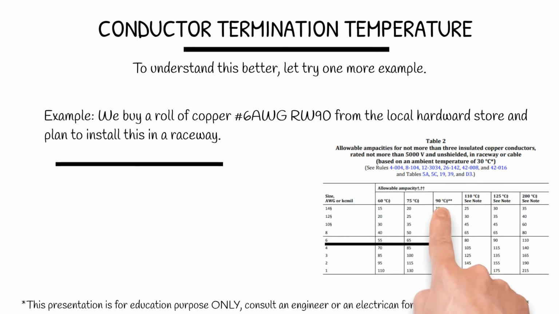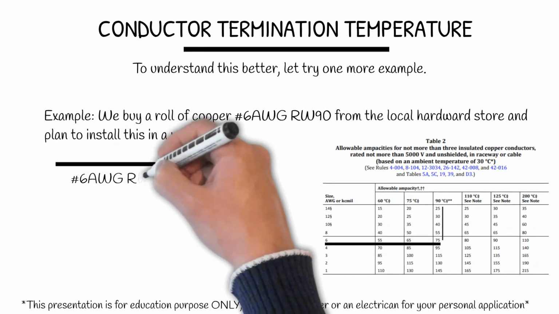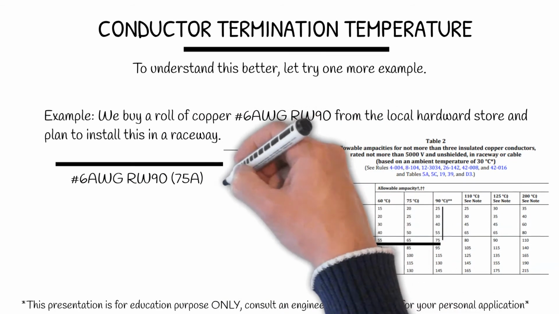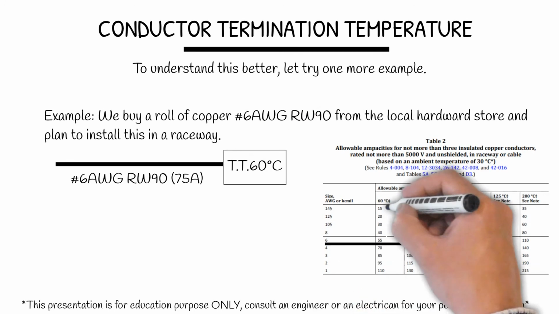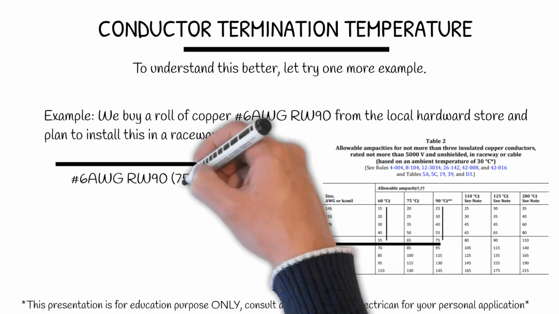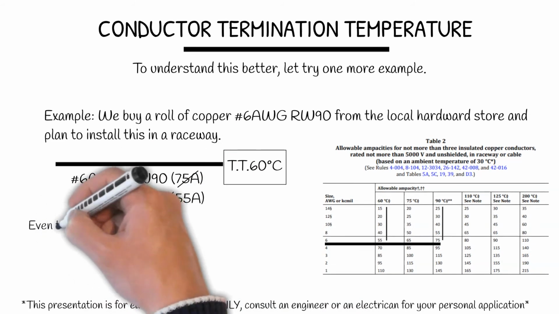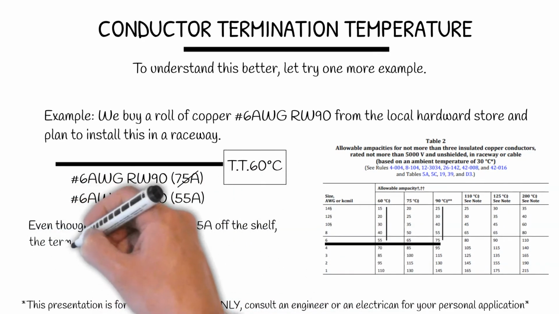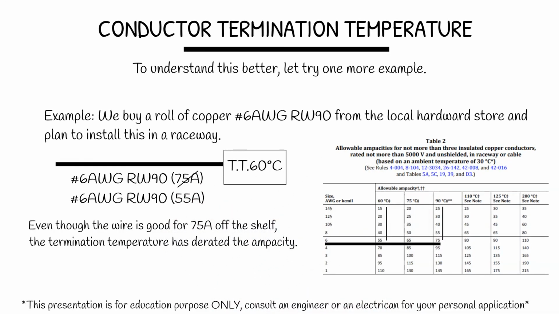A number 6 RW90 90 degrees column is good for 75 amps. But let's say we terminate this on a device rated for 60 degrees. Therefore, under a 60 degrees column, the 75 amps is actually good for 55 amps. Even though the wire is good for 75 amps off the shelf, the termination temperature has derated the ampacity.